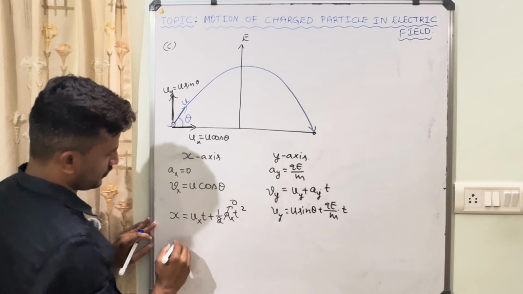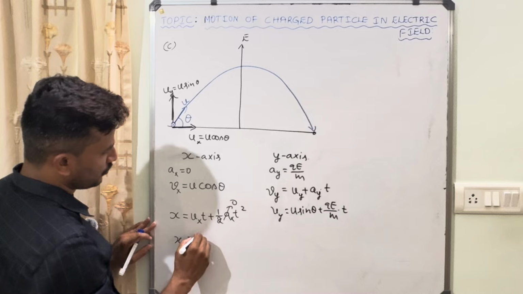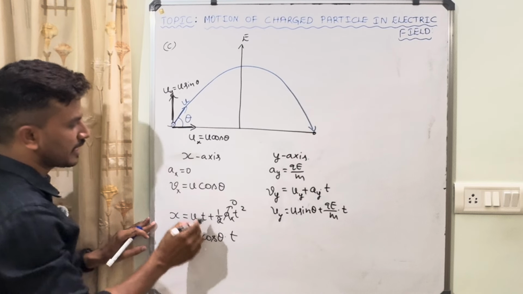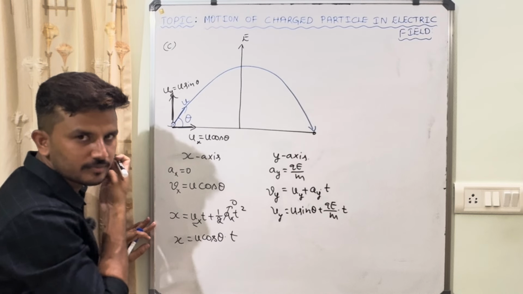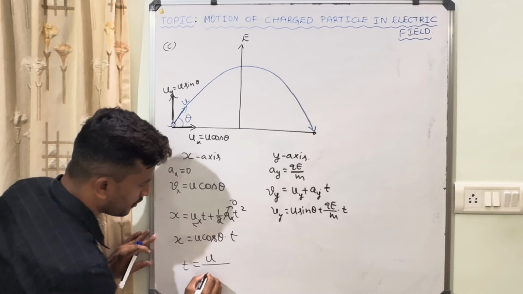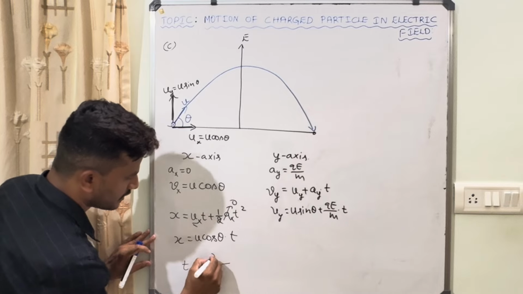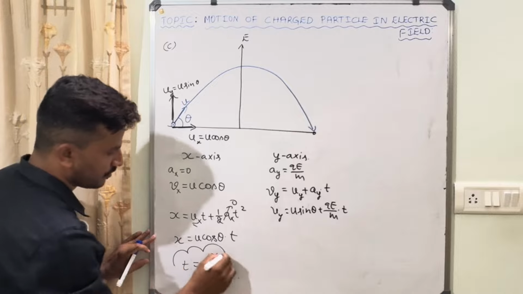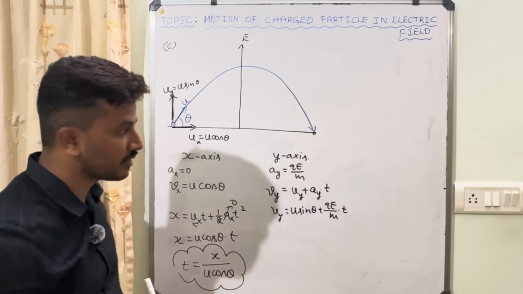Acceleration is 0, so displacement is u cos theta into t, because velocity along the x-axis is u cos theta. So t is x divided by u cos theta, correct?